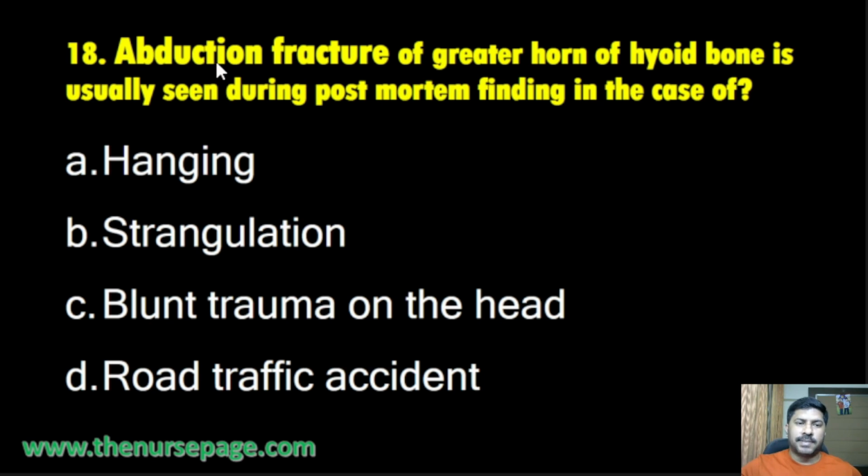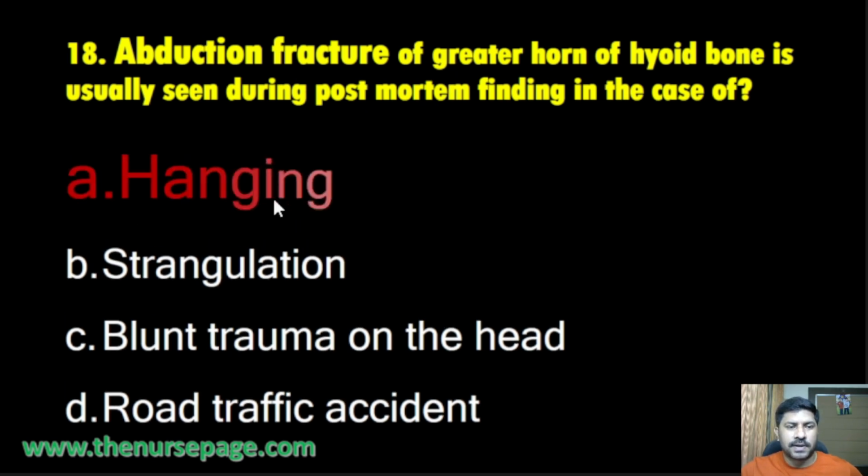The important term is abduction fracture of greater horn of the hyoid bone. So this abduction fracture is seen in the case of hanging only. In strangulation, abduction fracture will not be there. In the case of hanging, it will be abduction fracture.